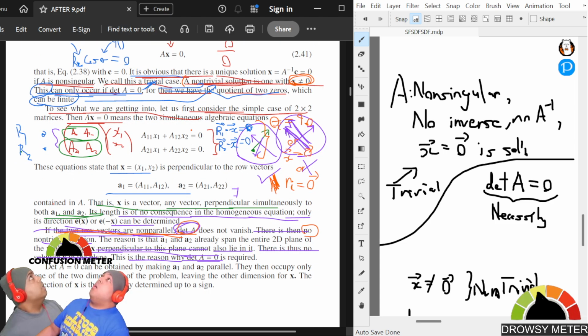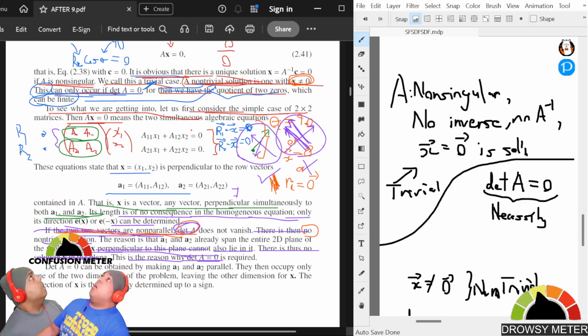If the two row vectors are non-parallel, the determinant A does not vanish. If they were parallel, would it vanish?